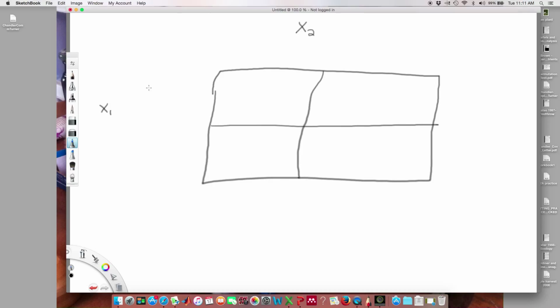We're going to have West Virginia and Kentucky. These are the two levels of our first variable, which was shmoos. X2, our second independent variable, was light availability. And we had two levels. We had full sun and we had shade.